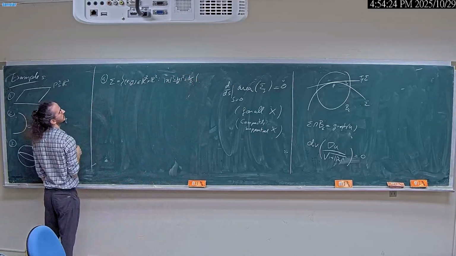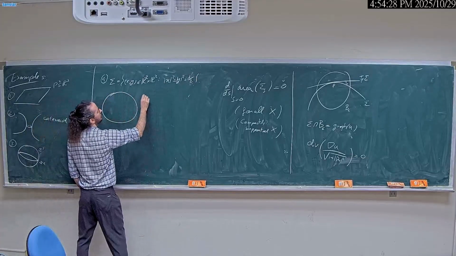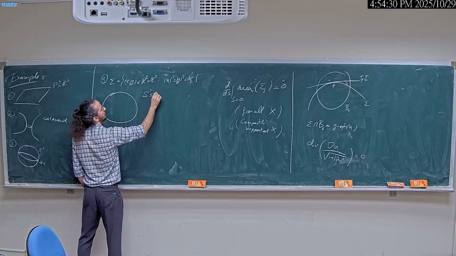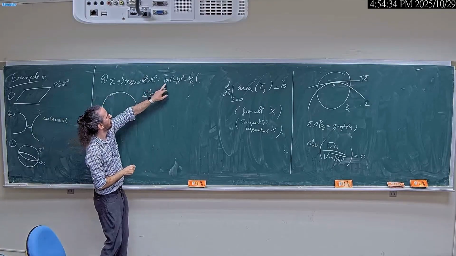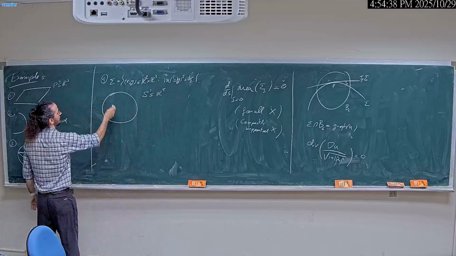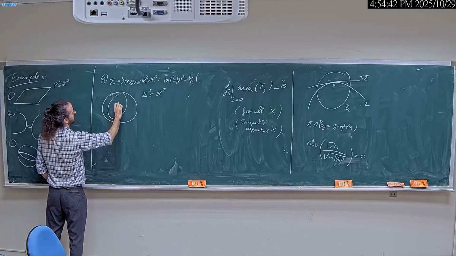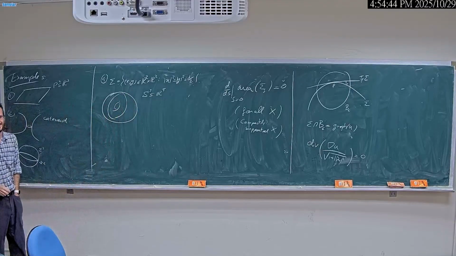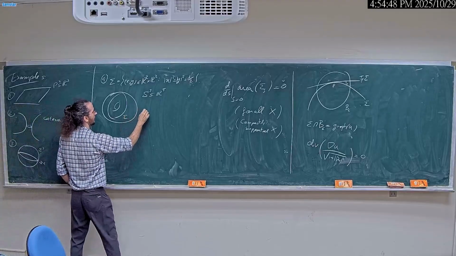So this sigma is in S3, right? S3 is inside of R4, S3 of radius 1, and of course if you add this one, you get 1, so it's in S3. I'm not going to try to draw it, but it's some torus inside R4. This is called a Clifford torus.